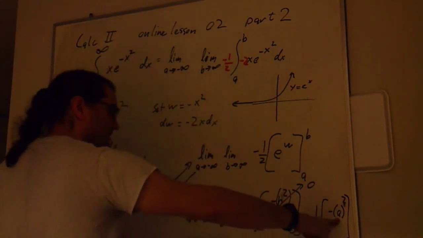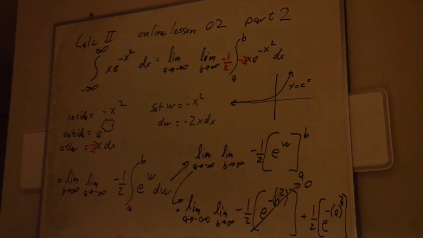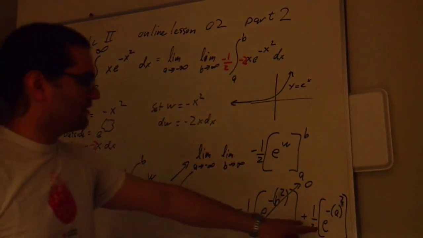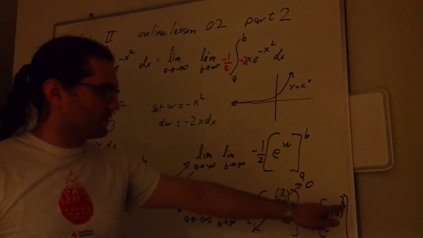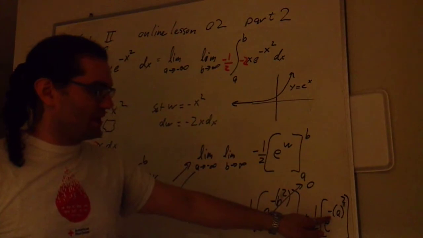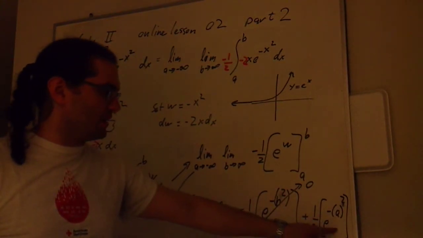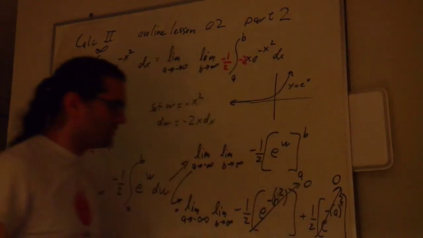This piece, the exact same thing is going to happen. As a goes to negative infinity, we're going to square it. We're going to get infinity. We make that negative, and now we have negative infinity as an exponent on e. So this piece is also going to 0.